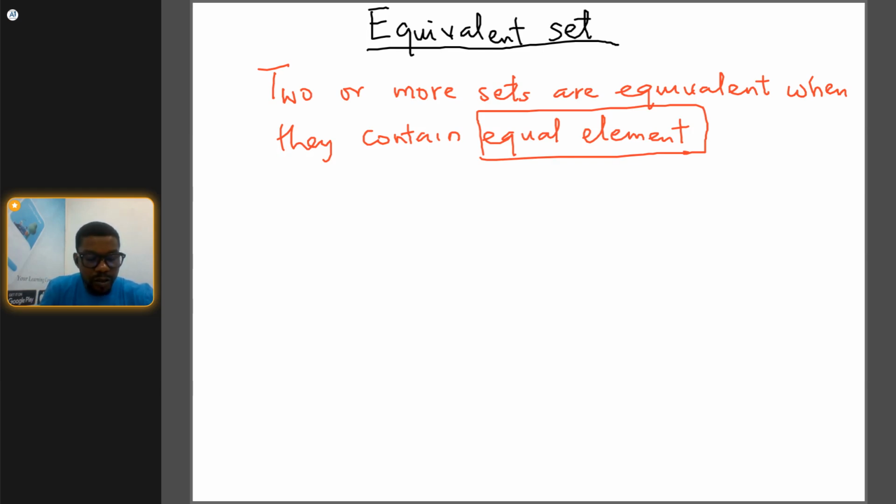All right, so I'm going to cite an example. Set A equals 1, 2, 3, 4.